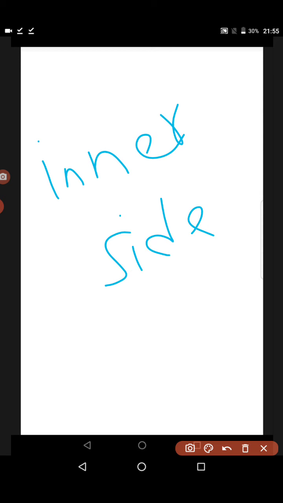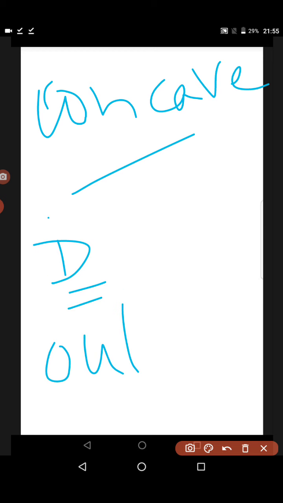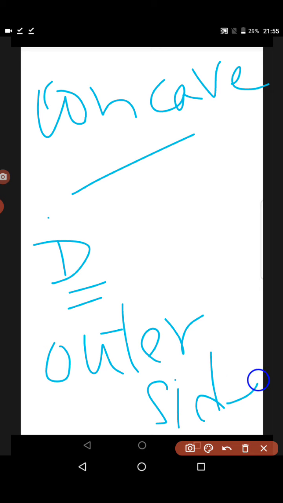That's all for convex. Now let's look at concave. In a concave quadrilateral, the diagonals will be on the outer side. That's all.